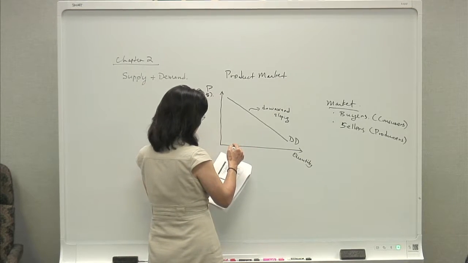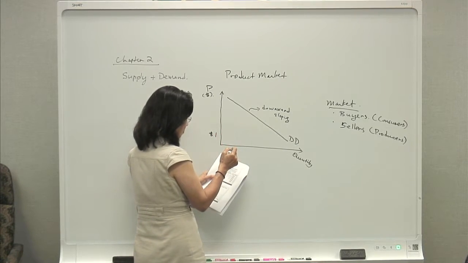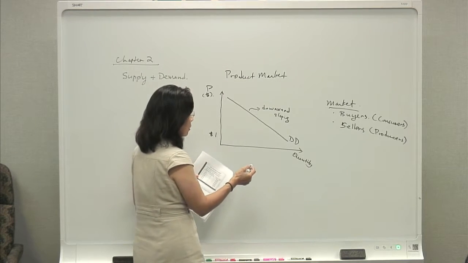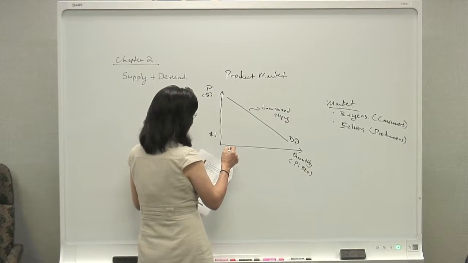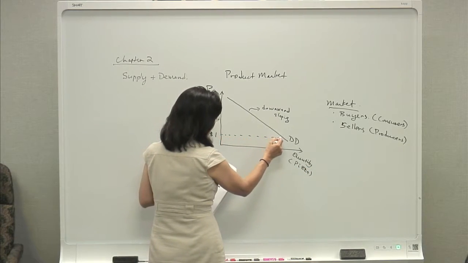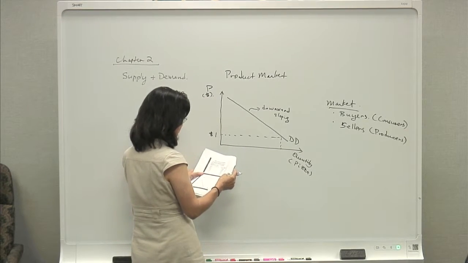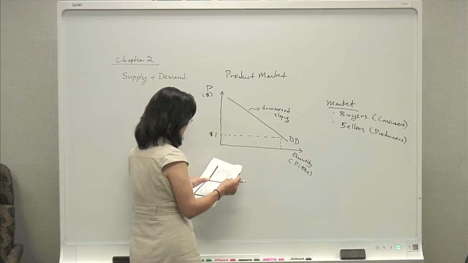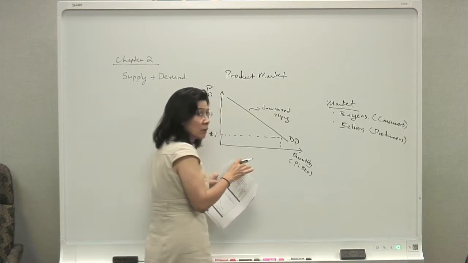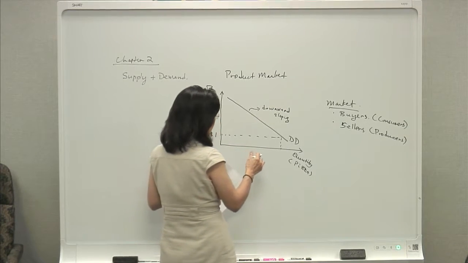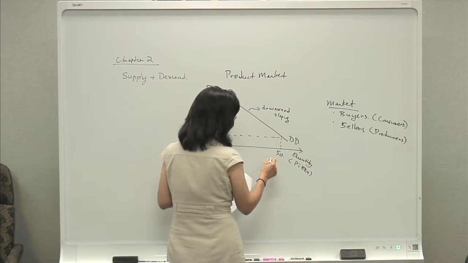So let's say the product is a slice of pizza. If the slice of pizza costs only $1, you say you would want to buy, let's just use simple numbers so you can follow, 50 units.